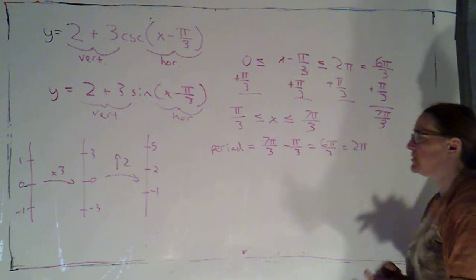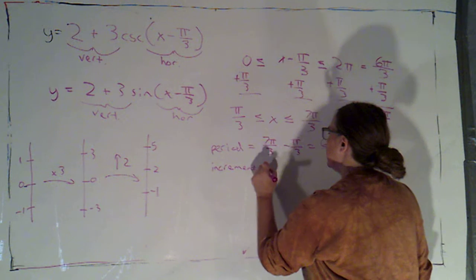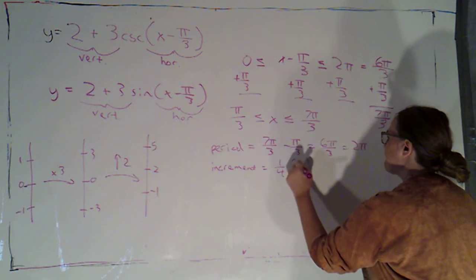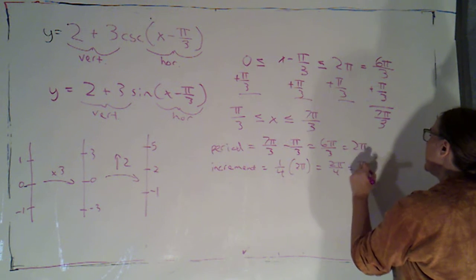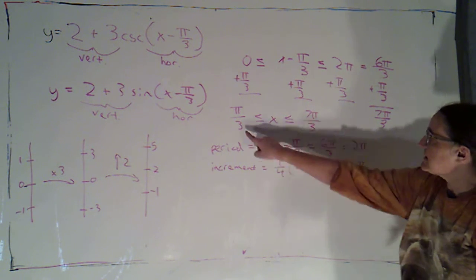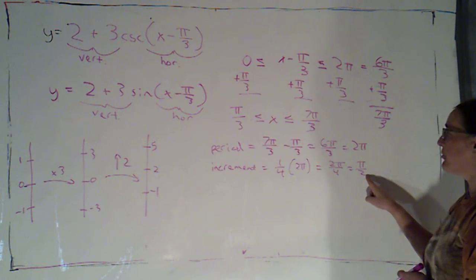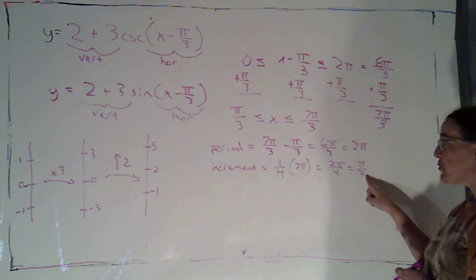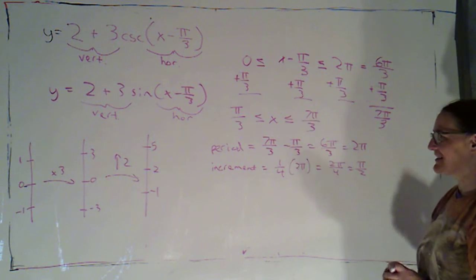So the period is still 2 pi, which means the increment is just a quarter of that. So that's going to be 2 pi over 4, or pi over 2. So I'm going to need to start at pi over 3 and count over by pi over 2 until I hit 7 pi over 3 when I'm going to stop.